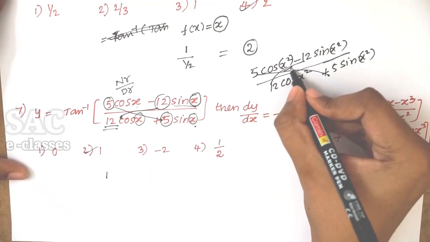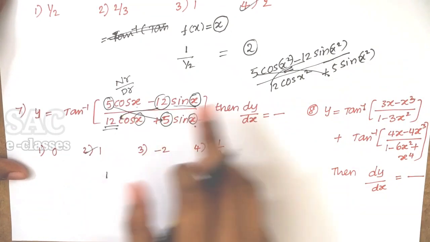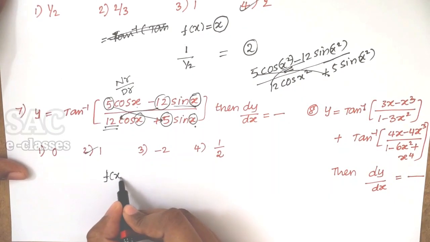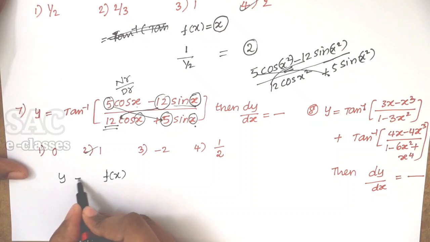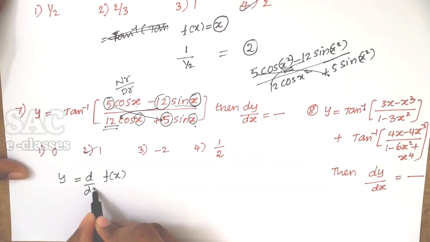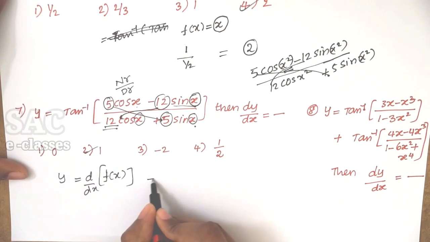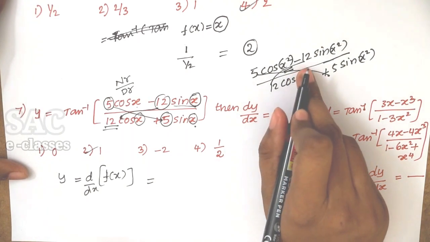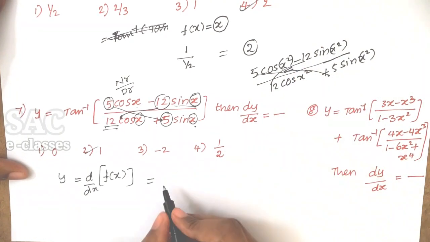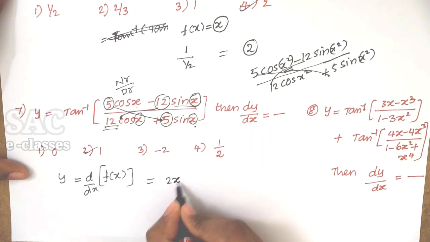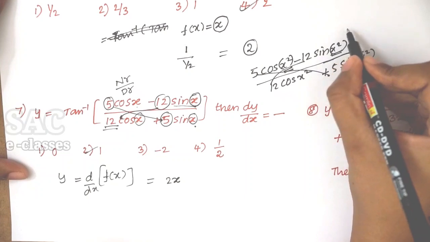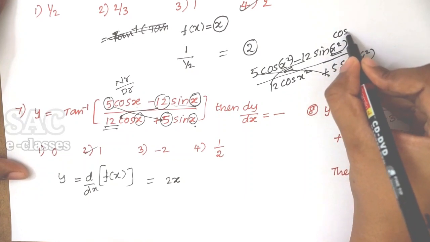But what is the function, as before? Is it x? No, it is x square. Then dy by dx of this particular f of x is enough to find. What is the differentiation of this function x square? It is 2x.